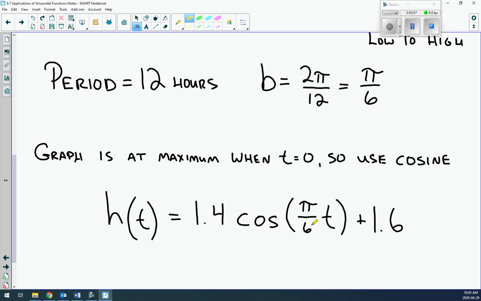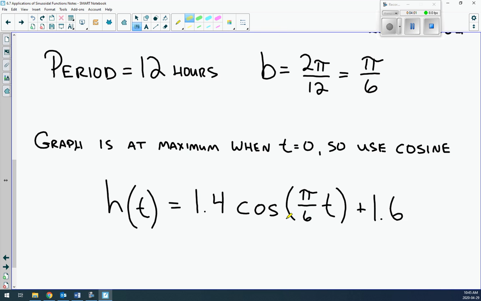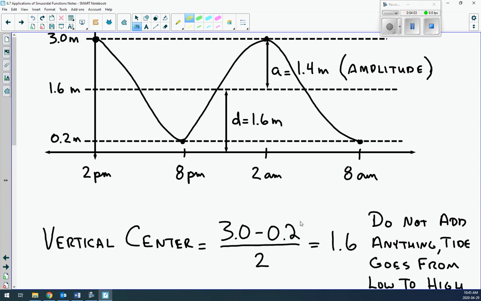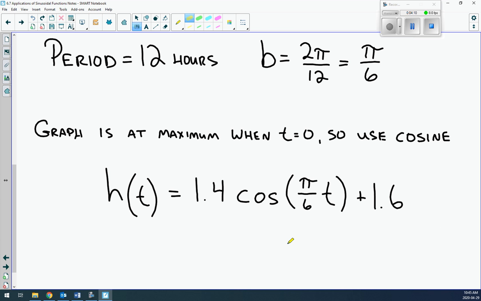Then there's a horizontal compression in this case, so pi over 6, and the whole thing has been shifted up 1.6. So we do our vertical stretch, shifted up 1.6, and then our period based on that. That's really easy to do if it's cosine. Okay, now you can work on those questions.